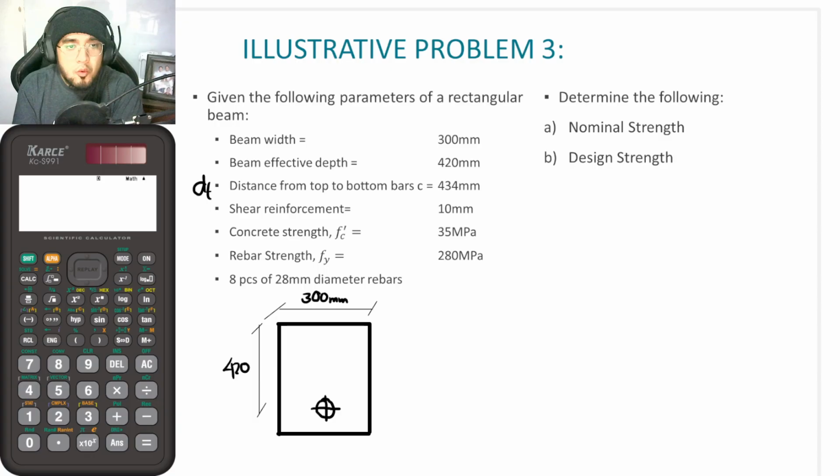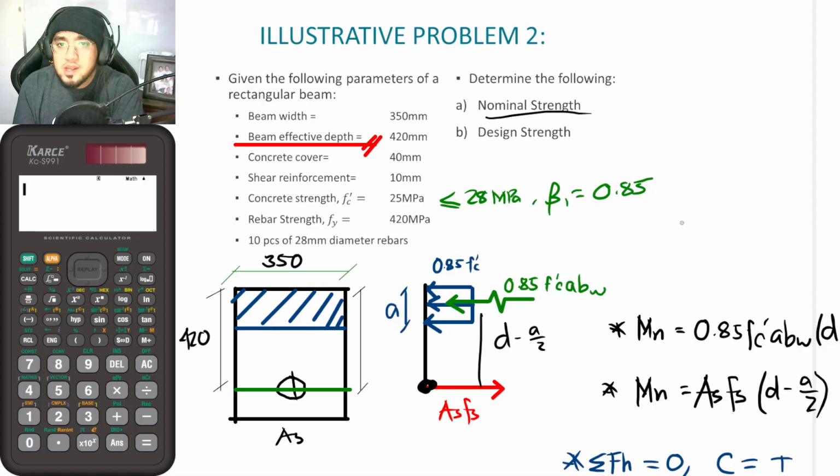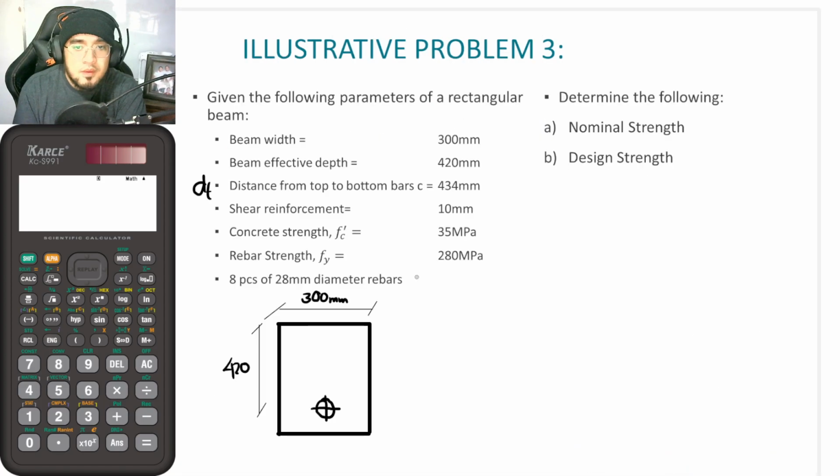Okay, so why didn't we use that in our previous example? The reason is that it was not even given. If it is given, of course, you would be making use of it. If not, then, well, what choice do we have? Anyway, again, that is 300, 420.